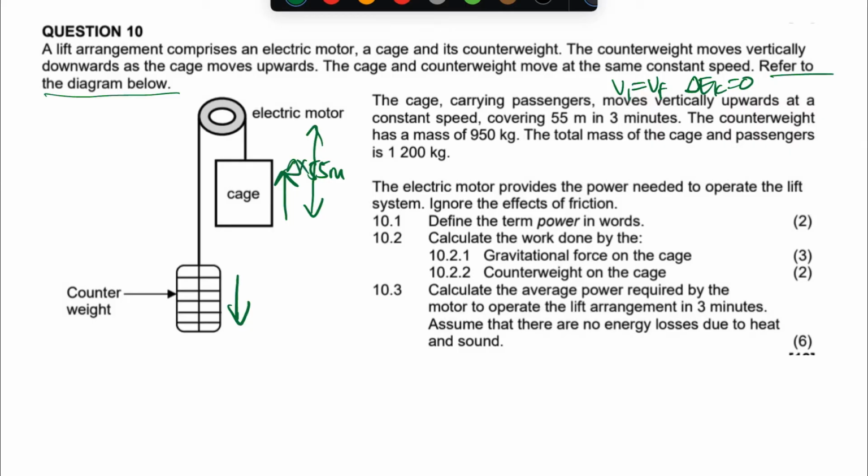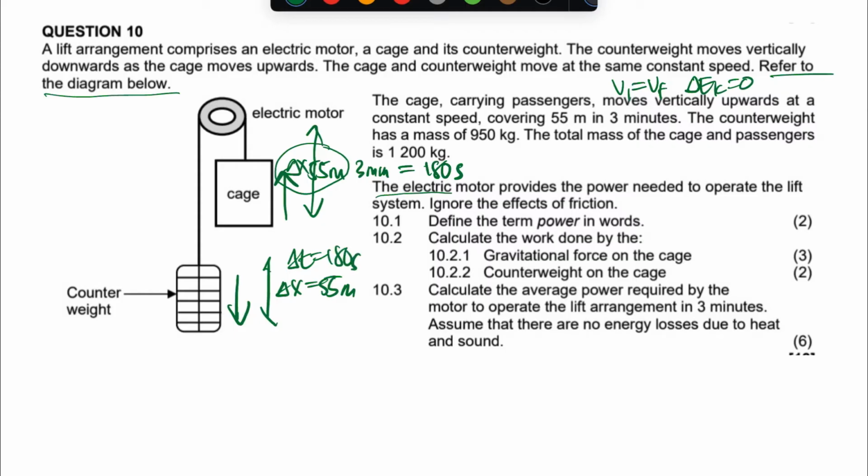And the time it takes is 3 minutes. We have to convert that into 180 seconds. Even when the counterweight moves downwards, its displacement is 55 meters, and it takes the same time, which is 180 seconds, right?